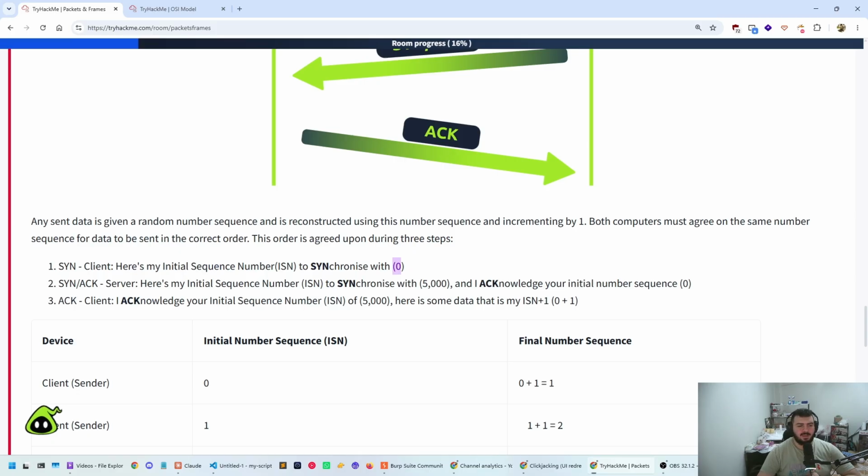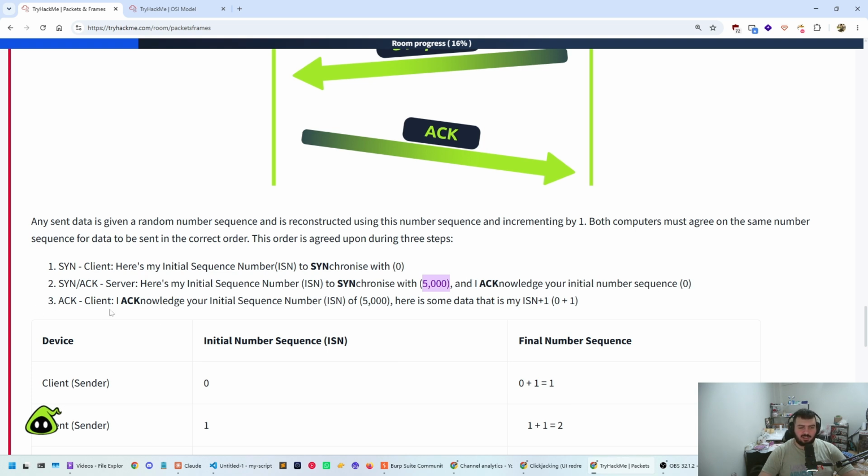SYN-ACK: the server says, here's my initial sequence number, ISN, to synchronize with: 5000. And I acknowledge your initial sequence number 0.